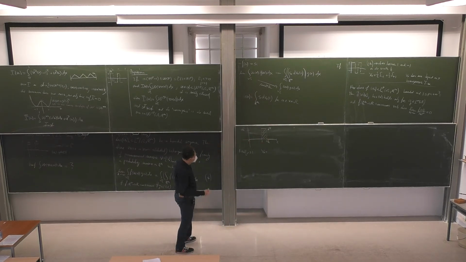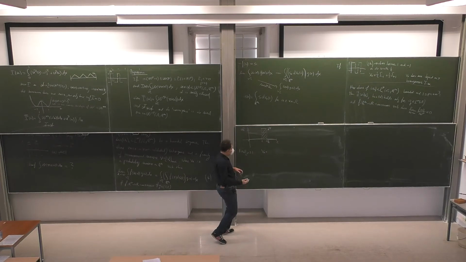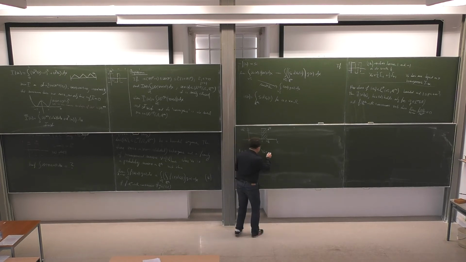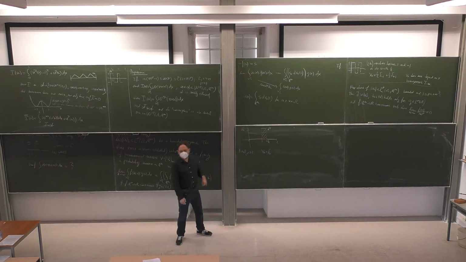So then the guess would be that, because if you look at the sequence and you look at this probability distribution, at almost every x, that's 0. So the probability measure which describes the sequence will be Dirac at 0.